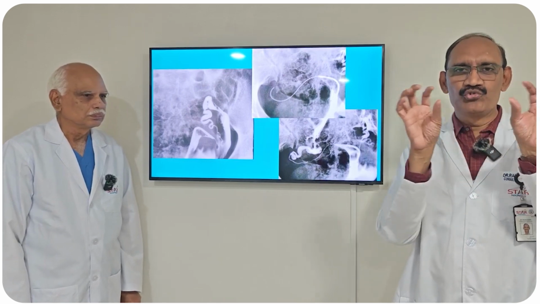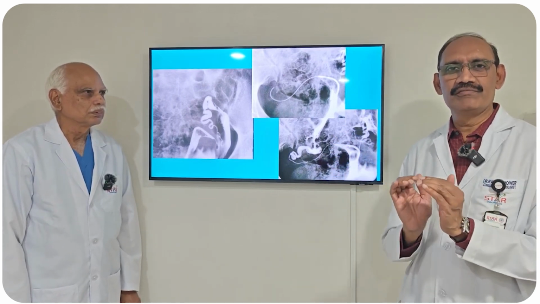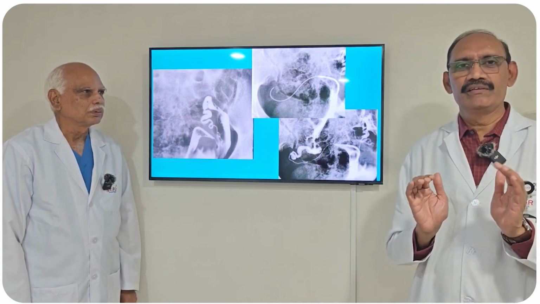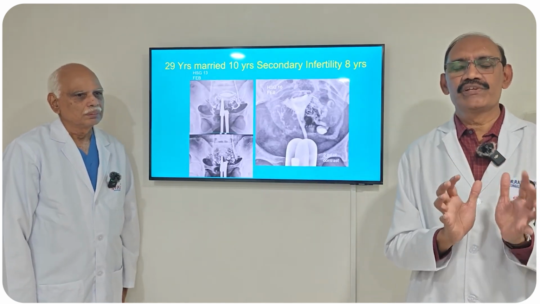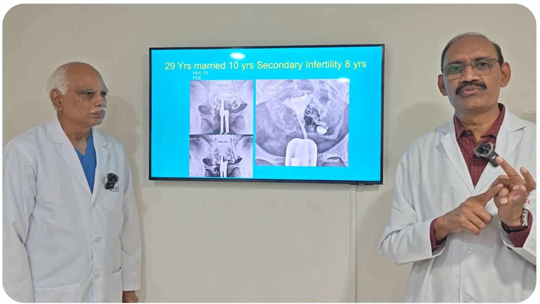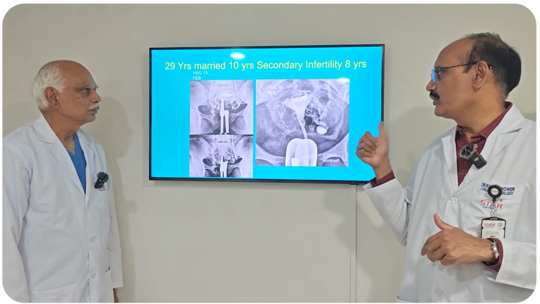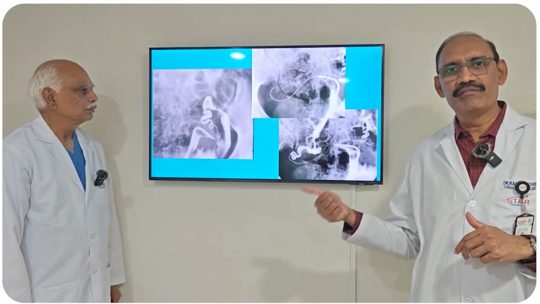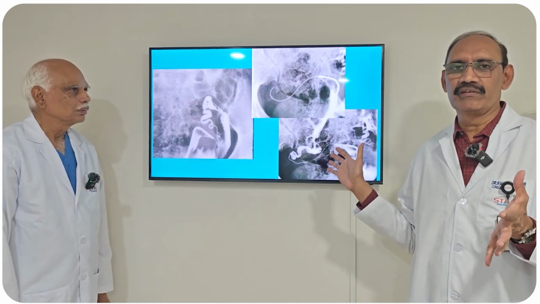That means if the tubes and everything are visualized, this lady can conceive without any abnormality in the test. So the three important components while doing the procedure are visualization of the uterus, tubes and spillage, which he will explain to us in a diagrammatic way.